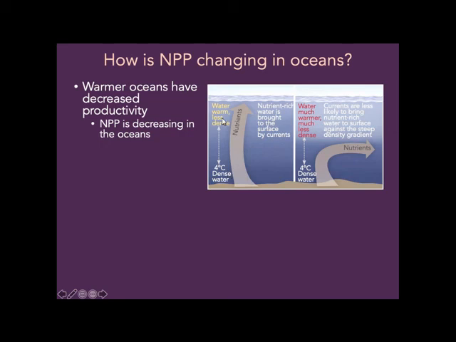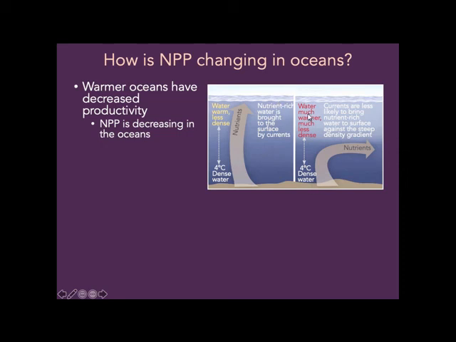At the surface, the water is warm and less dense, and so you end up with nutrient-rich water that is being brought up to the surface by currents, okay? So nutrients fall from the top to the bottom, and then through the various mechanisms that we already talked about, are brought back up to the surface where they can get eaten by stuff.